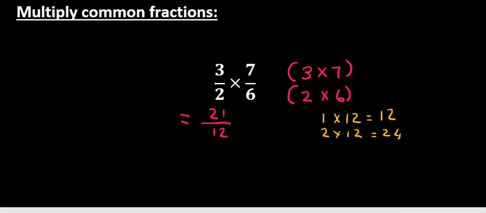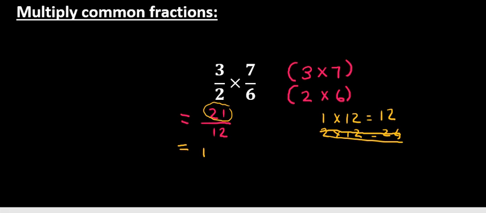Now I can't use the 24 because my numerator is less than 24. So I'm not going to have two whole numbers. I'm just going to have one whole number because 12 can divide into 21 one time. The reason for that, 1 times 12 gives me 12.